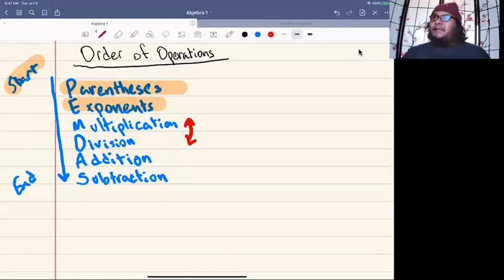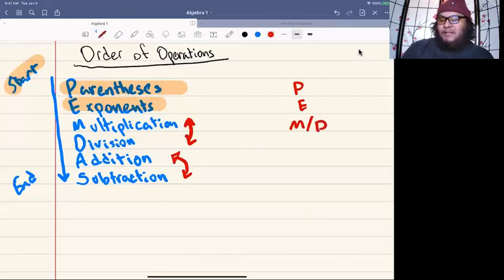So you can do multiplication or division, whichever comes first, left to right. And the same thing is true for addition and subtraction. So the way I want you guys to remember it is if you write it like this: P, E, M slash D, A slash S.